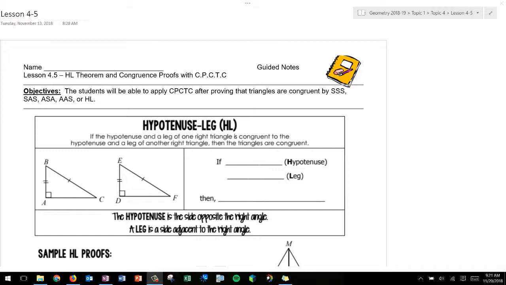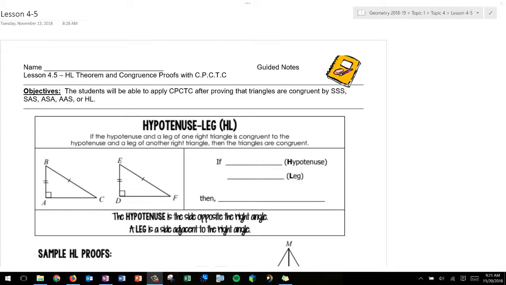This basically says that if I have a right triangle, if the hypotenuse, the longest side, the one across from the right angle, is congruent in each of my triangles, and one of the 2 legs, one of the 2 things that make up the right angle, are also congruent, I have triangle congruence.